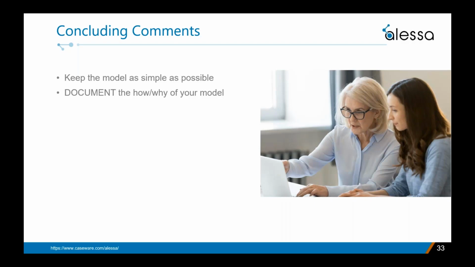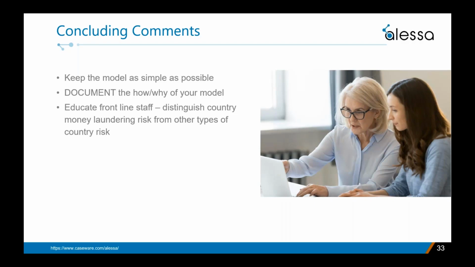You'll want to document as well your rationale for not only the model choice, but the risk factors that it includes. Good documentation provides a clear reference that you can share with regulators, management, internal audit, as well as all relevant compliance staff so they're understanding it.